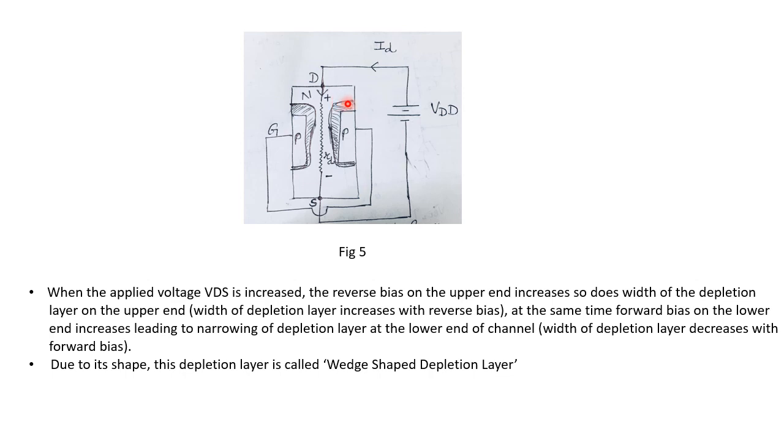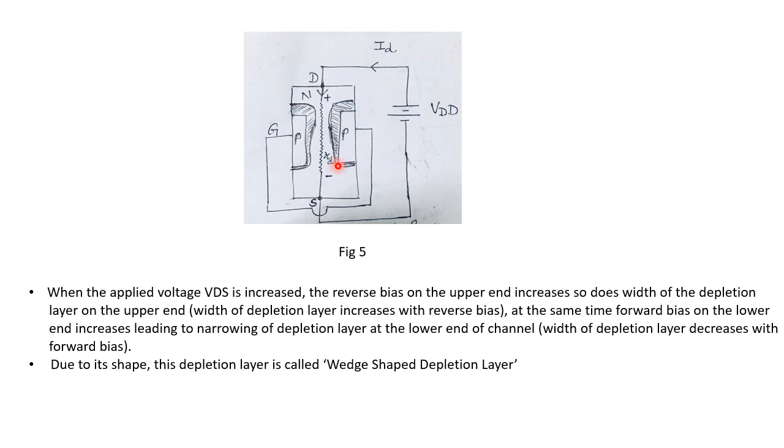Hence we can say that the uniform width depletion layer, which was already formed along the PN junction, is slightly deformed on this side as the reverse bias is more. Therefore the width of the depletion layer will increase, and on this side, as there is a sort of forward bias, the depletion layer which was already formed will get narrower.